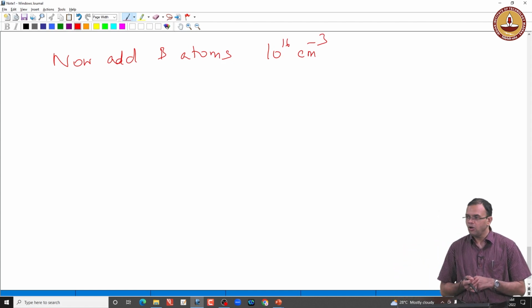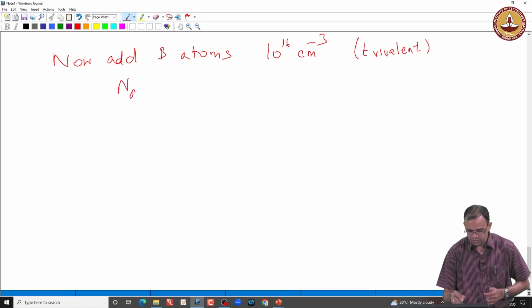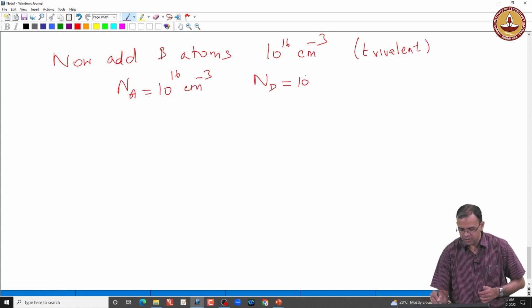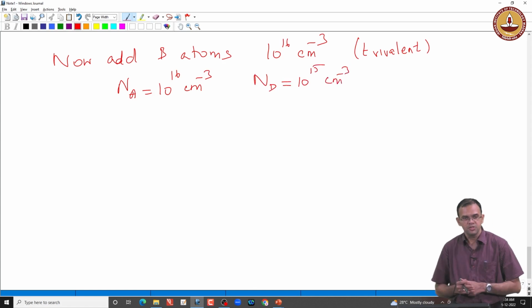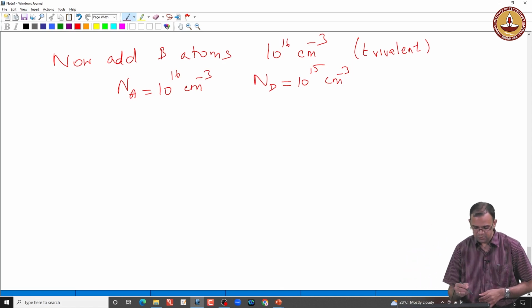Boron is trivalent, so these are called acceptors. Antimony is donors, so Na is 10 power 16 per centimeter cube. I already have Nd, which is 10 power 15 per centimeter cube. So I have both donors and acceptors in my material.